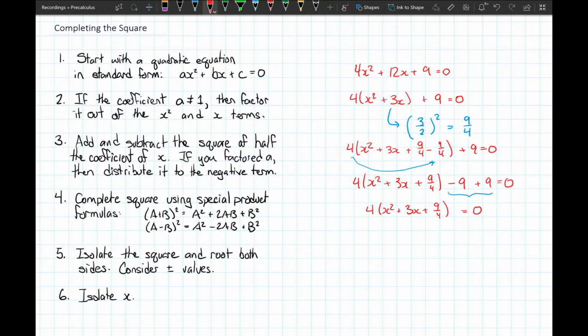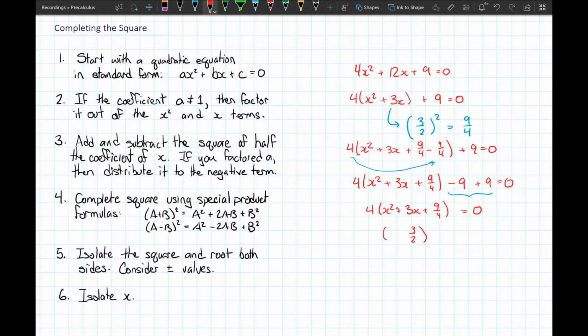Now, next part is completing the square using a special product formula. Once you've done this, you should end up with something of the form a plus b all squared, or a minus b all squared. Square, double product, square. So this last value here, 9 over 4, if you think about that as being capital B squared, then capital B would be 3 halves.